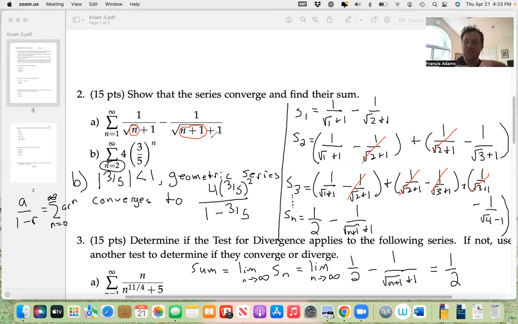Maybe. The one special case where you can find this is if it was a partial fractions problem. That would be like if you wanted to find the sum of 1 over n plus 1 times n plus 3, something like this. Then the step would be finding the partial fraction decomposition.